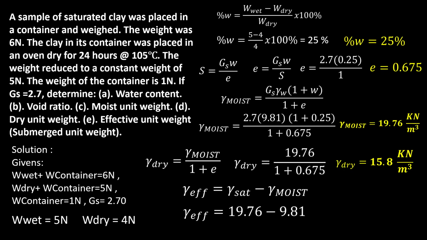Right after the substitution process, our effective unit weight or submerged unit weight equals 19.76 minus 9.81. Finally, our answer is equal to 9.85 kilonewton per cubic meter.